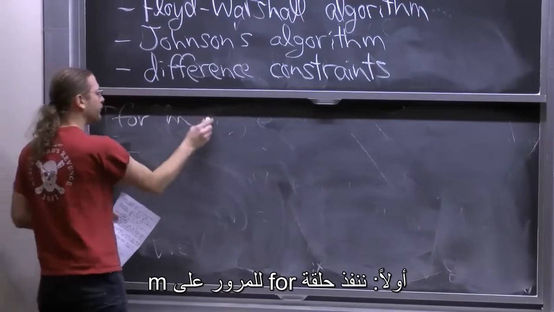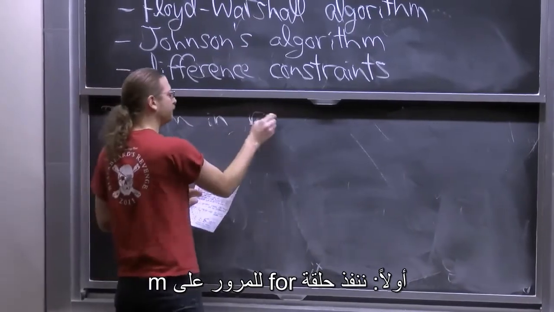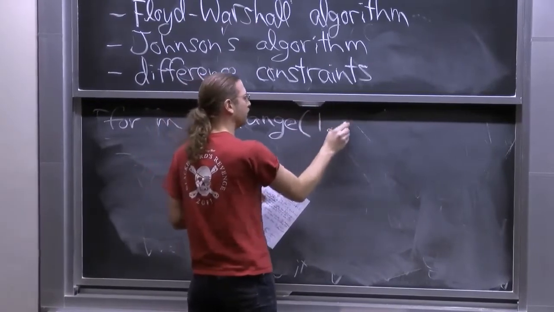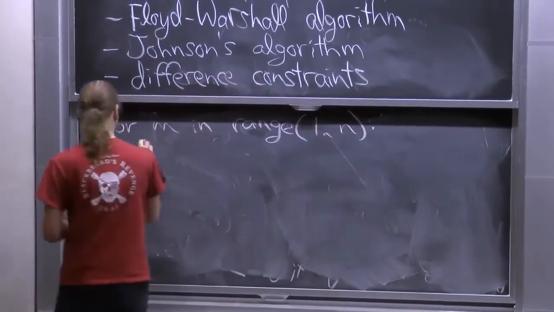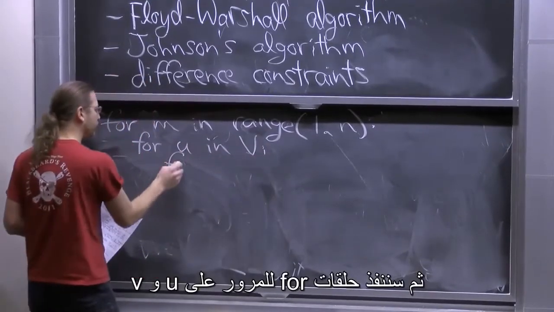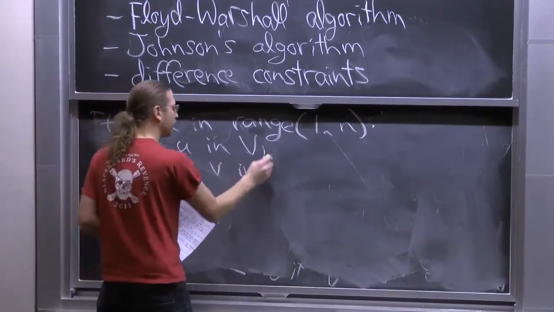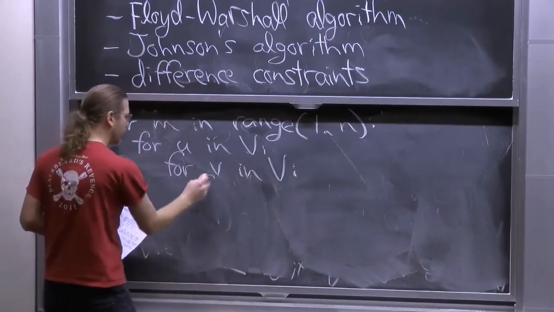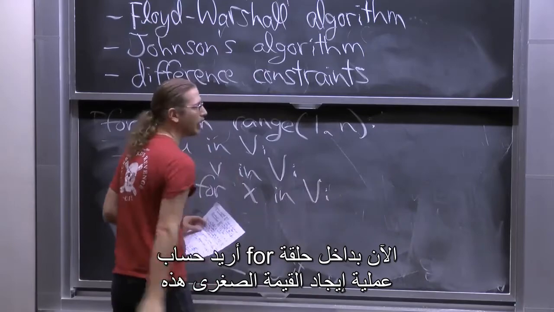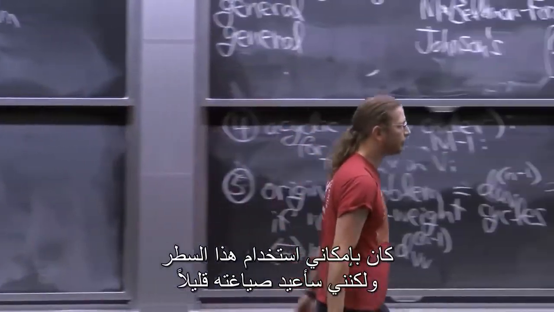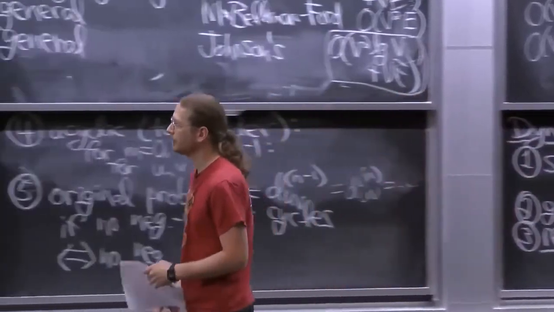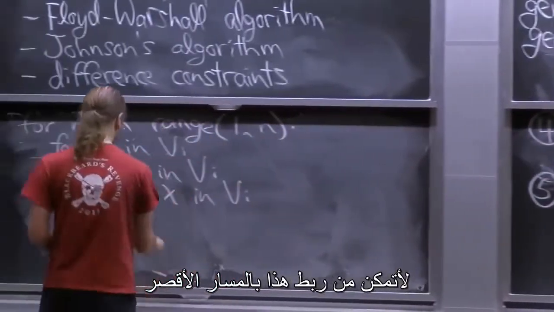So first we do a for loop on m. Then we're going to do the for loops on u and v. Now inside the for loop, I want to compute this min. I could use this single line, but I'm going to rewrite it slightly to connect this back to shortest paths.